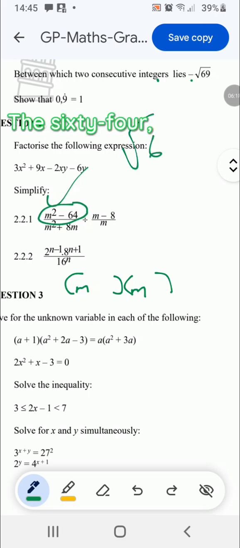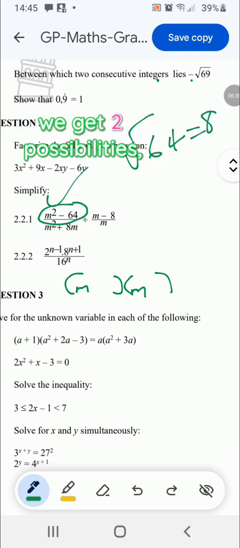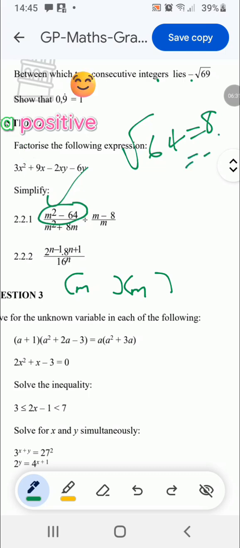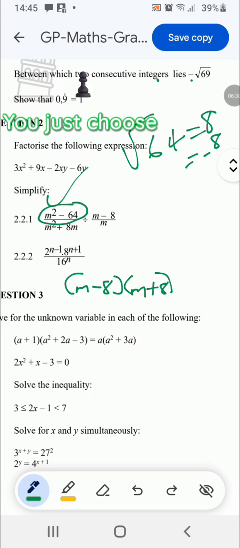The 64, just square root it, then we'll get two possibilities. Every time we square root the number, we get two possibilities, a positive and a minus. So we write minus 8 here, plus 8 here. You can choose to write plus 8 in the beginning or at the end. It's up to you.